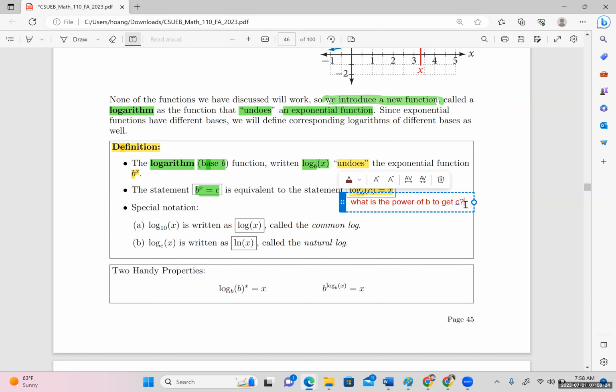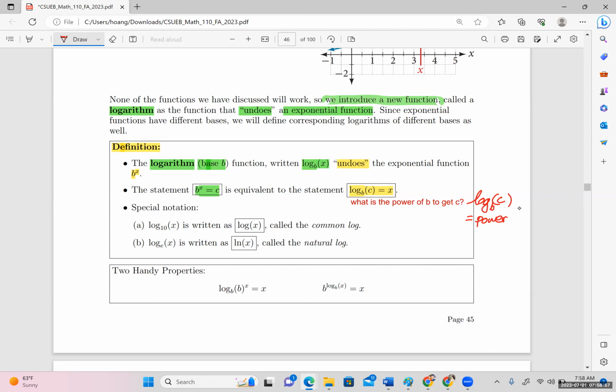Maybe I'm going to write it for this case. It is going to be log base b of c. What is the power of b to get c? This power will be equal to log base b of c. Does that make sense?